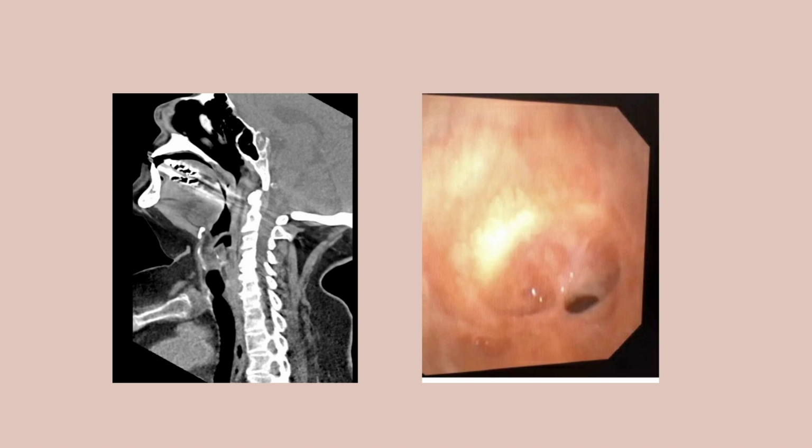And one thing that I also have to mention is that a lot of the time radiologists can miss the stenosis as well, because like I said, it's not a very common entity. So don't just trust your CT scan. If you have any medical suspicion for tracheal stenosis, you should scope the patient.